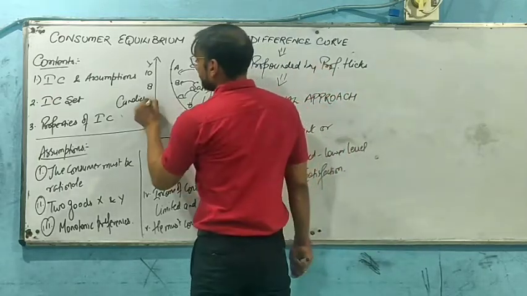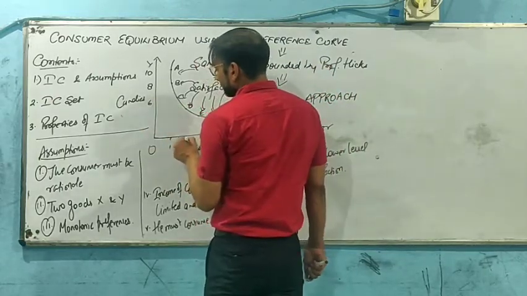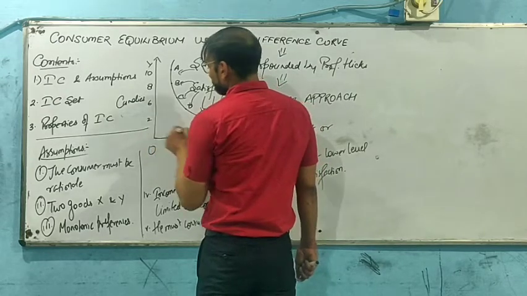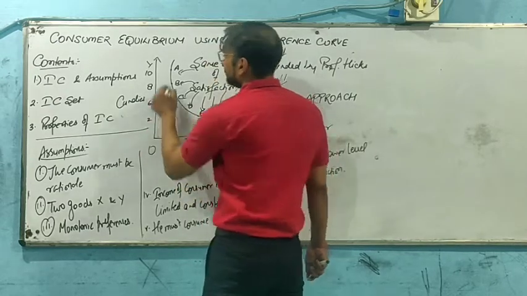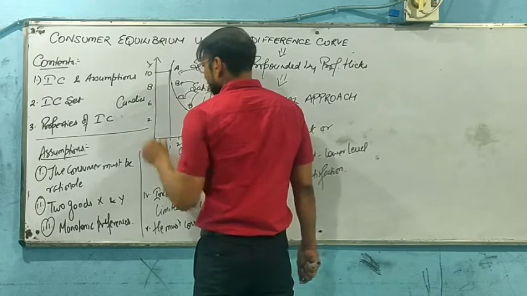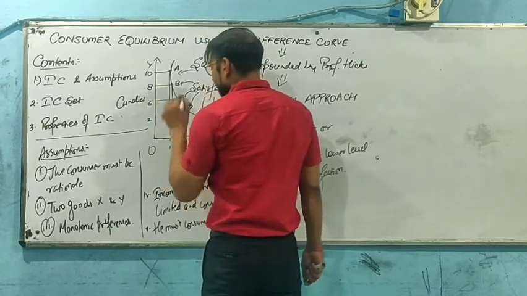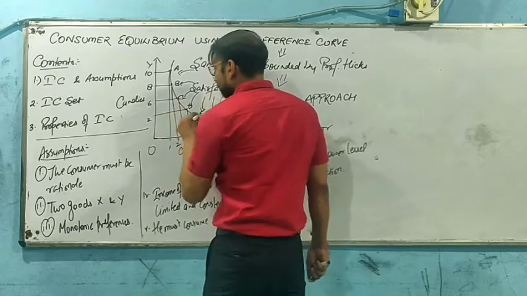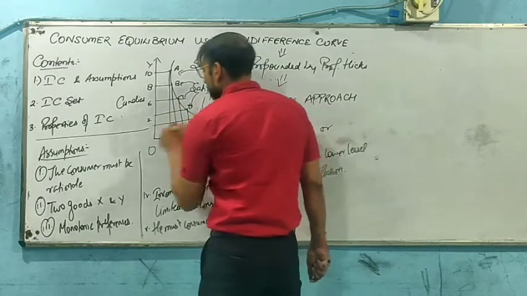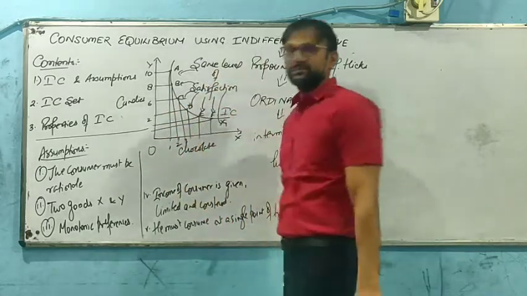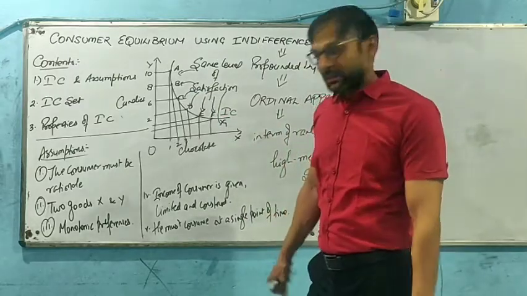Simultaneously, he will be able to increase his level of consumption and give up some more units as and when he gains more and more units of satisfaction from another group.